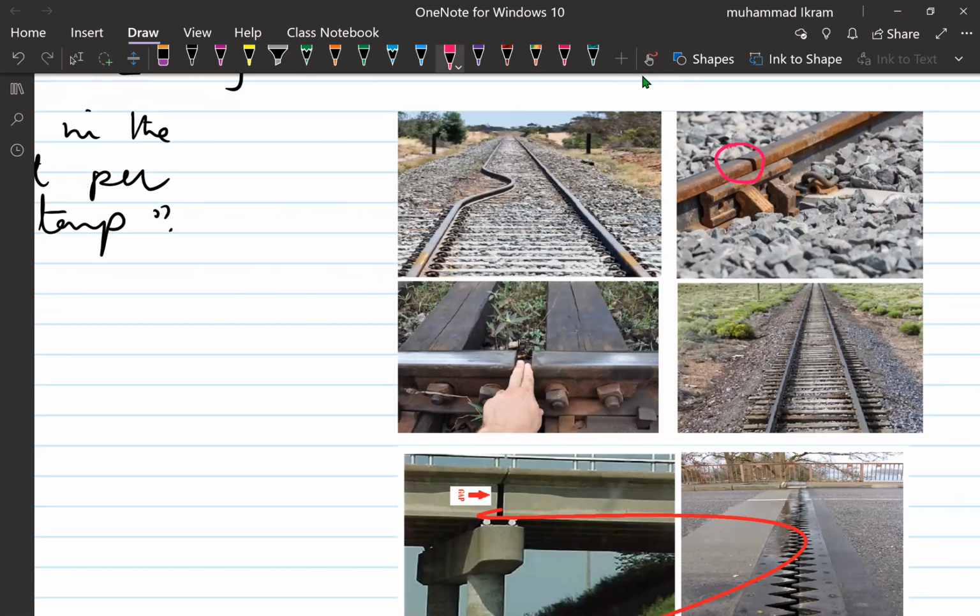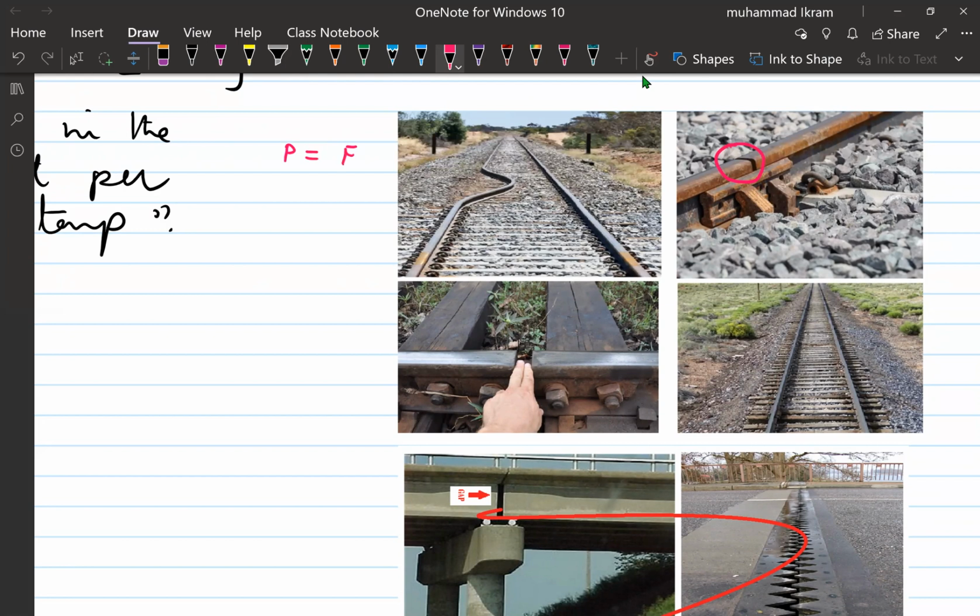Because you know that on a hot summer day, things expand on heating. So during the hot summer day, when the railway track is heated and when there is no gap between the two segments of the railway track, then they might expand and create a large pressure, because, look, what is pressure?